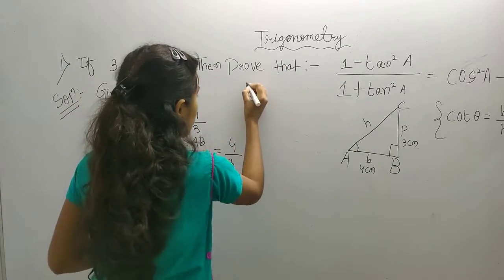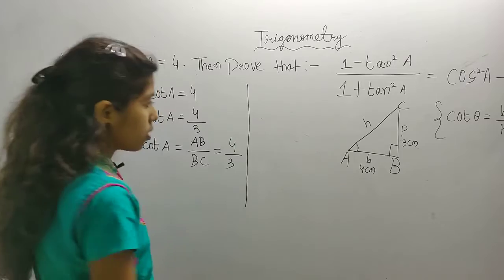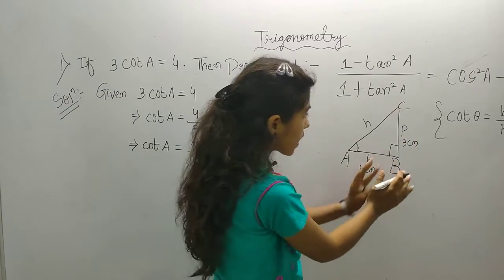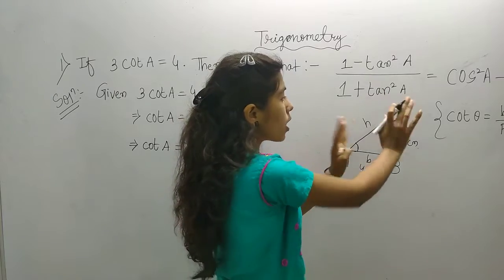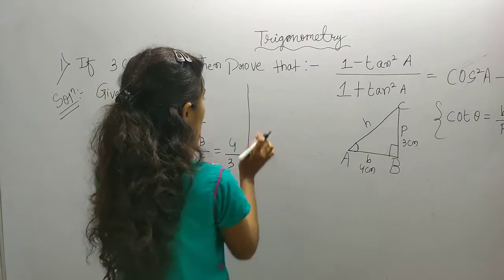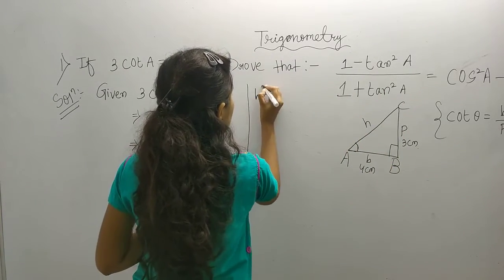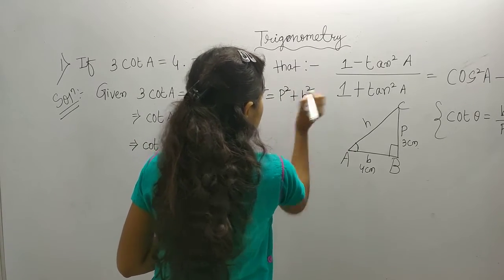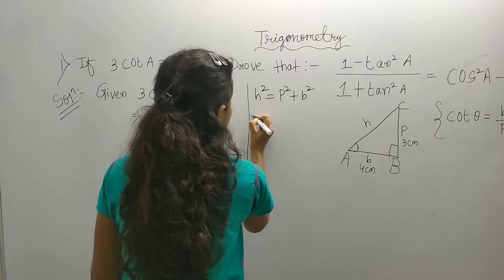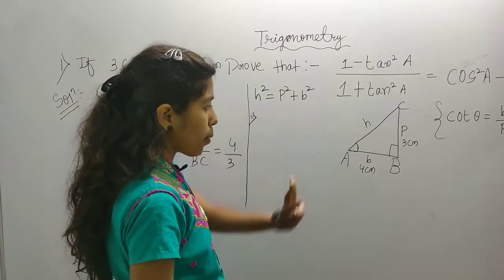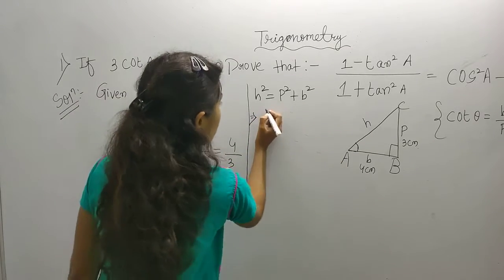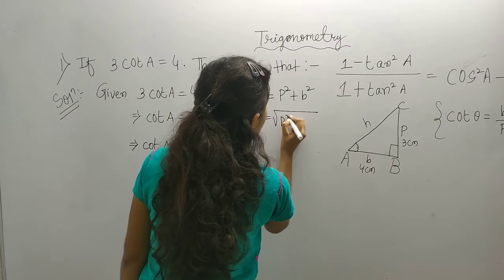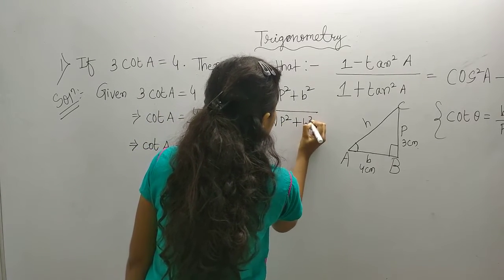So what will happen here? See, here what is missing in this part? We know base, perpendicular. So here hypotenuse is missing. So our formula is h square equals to p square plus b square. But here what is missing? Hypotenuse. So h equals to root over of p square plus b square.